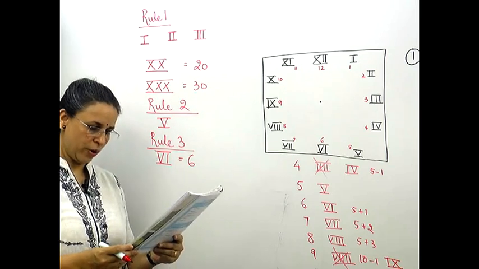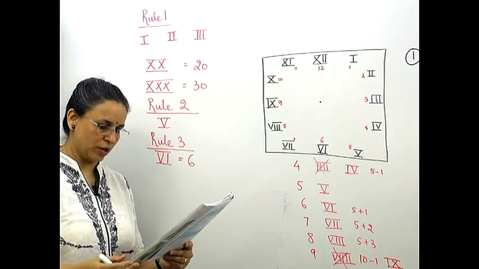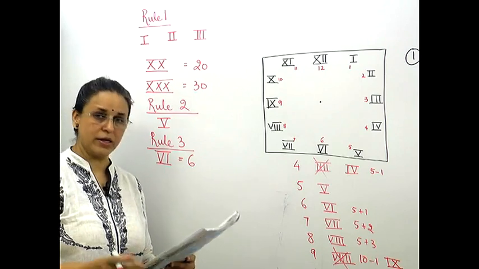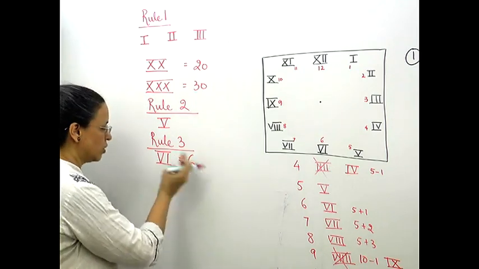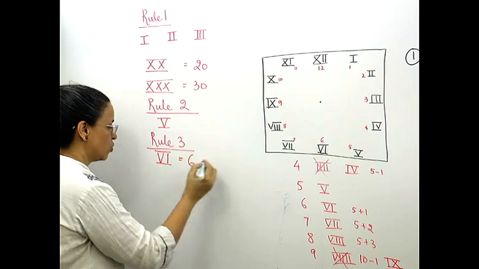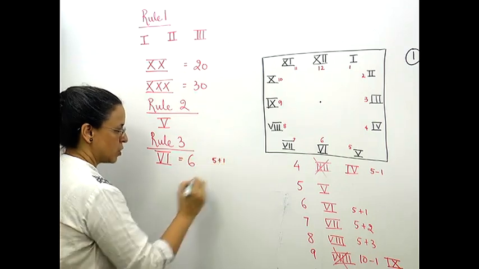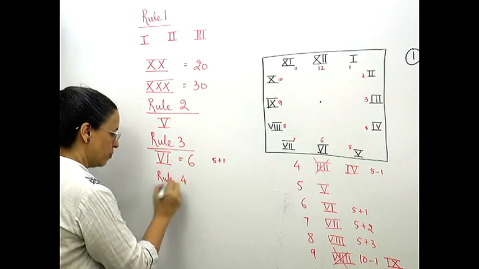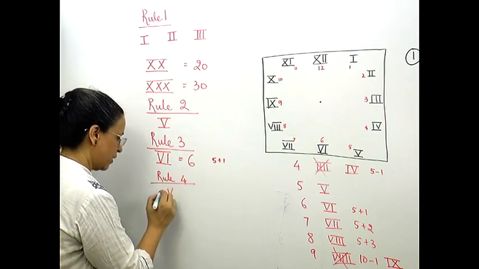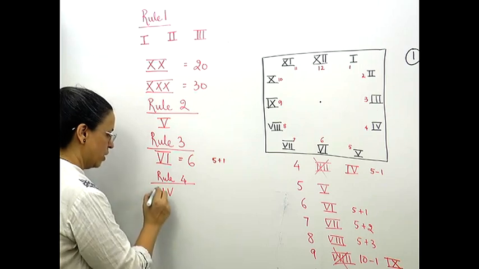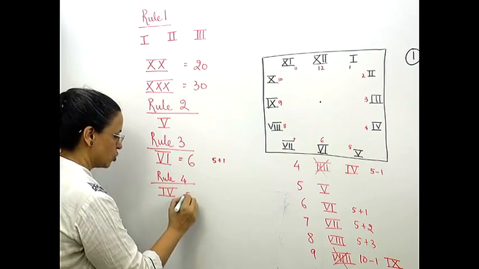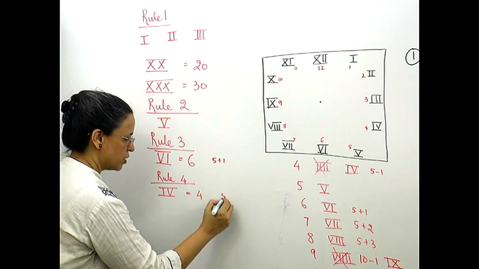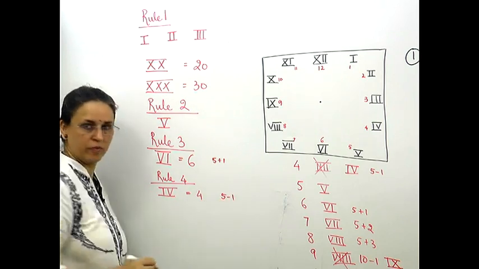Rule 4, however: if 1 is written on the left of 5 or 10, then it is subtracted. So, when you write it on this side, we add it. So, this will be 5 plus 1. But according to rule 4, if we write 5 and then we write on this side number 1, that means we are subtracting it. So this will become 4, that means 5 minus 1.